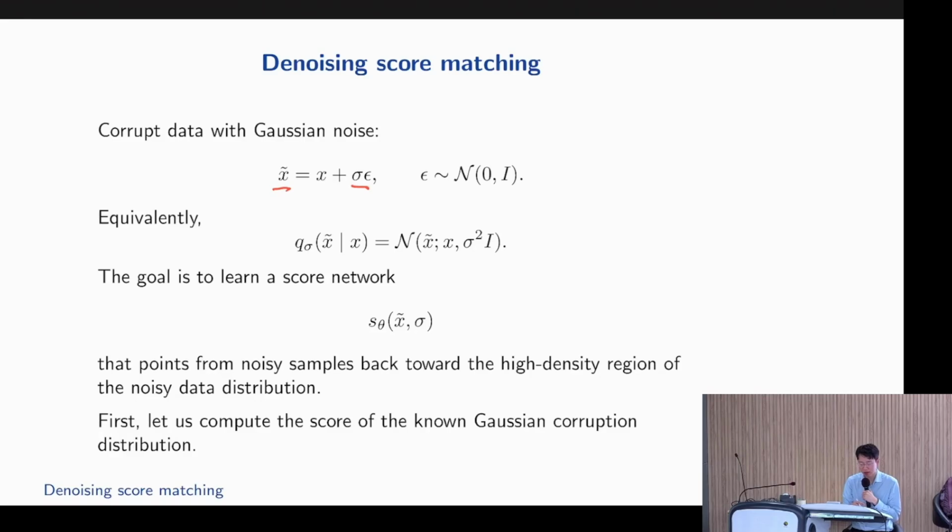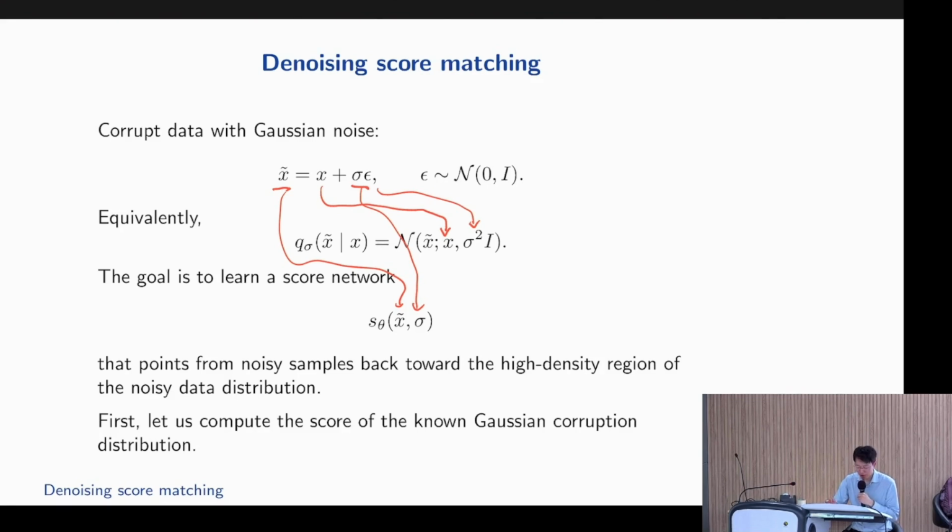So the distribution of X tilde given X is going to be Gaussian distributed with mean X and variance parameter sigma squared. Just Gaussian corruption. And the goal here is to learn a score network that takes as input the corrupted X tilde and the noise level sigma, and tries to sample towards the high density region of the noisy data distribution.